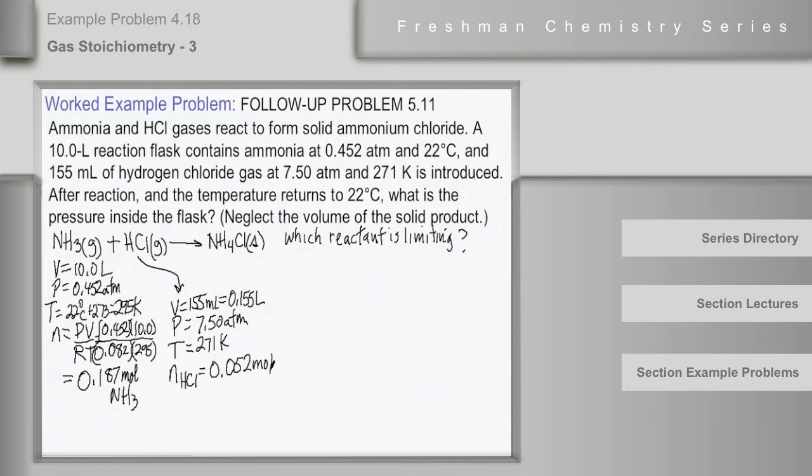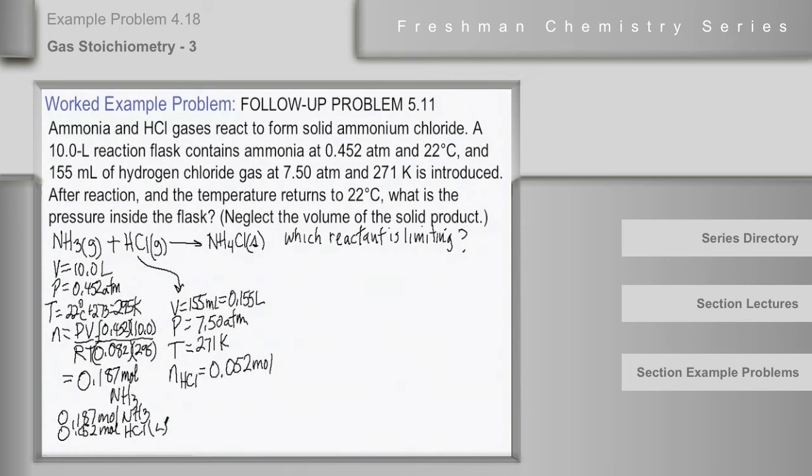So, if we look at the reaction, we have 0.187 moles of NH3. We have 0.052 moles of HCl. So HCl is limiting.